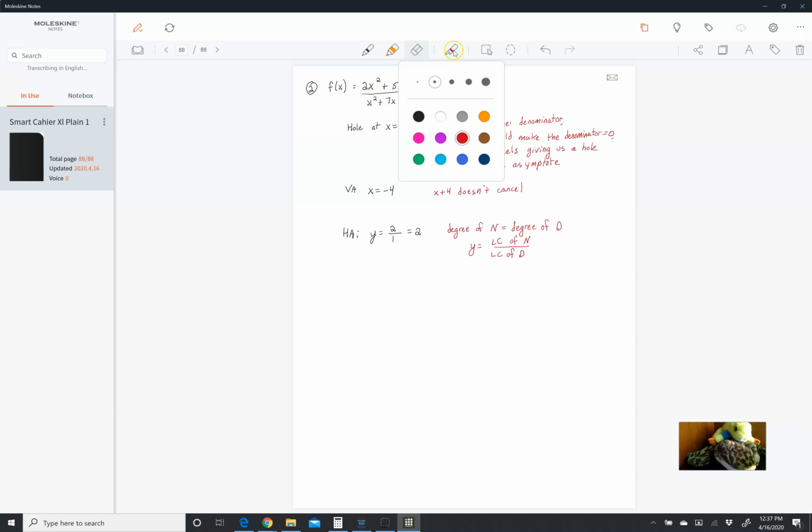And for the slant asymptote, there is no slant asymptote, primarily because there's a horizontal asymptote. The degree of the numerator is not 1 plus the degree of the denominator.